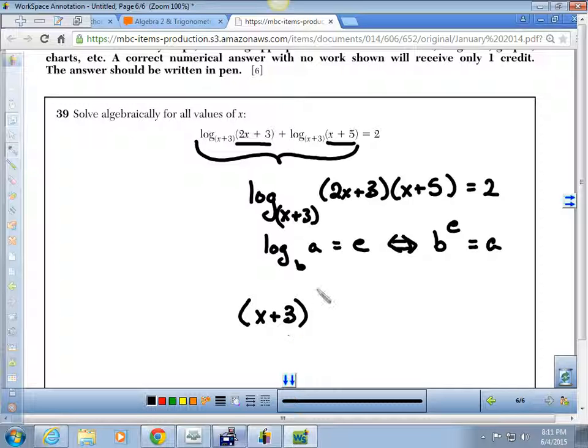To the second power is going to have to be equal to what? 2x plus 3 times... Well, let's go ahead and multiply that out. What is this going to be when we FOIL it? 2x squared. 10x and 3x, though, is going to give me 13x. And then 3 and 5 is 15, right? So plus 15.